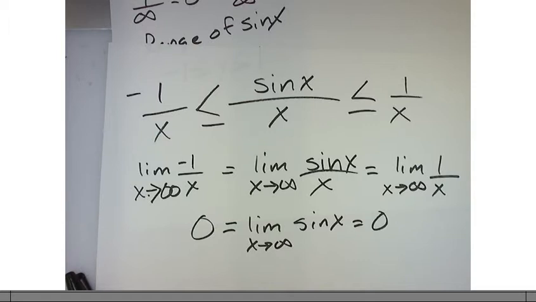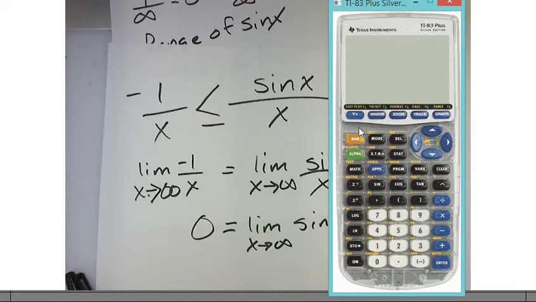Now here's why we call it the sandwich theorem. Watch what I'm going to do. I'm going to graph negative 1 divided by x. Then for my third function, I'm going to say 1 divided by x. And then in the middle, I'm going to put sine of x divided by x.